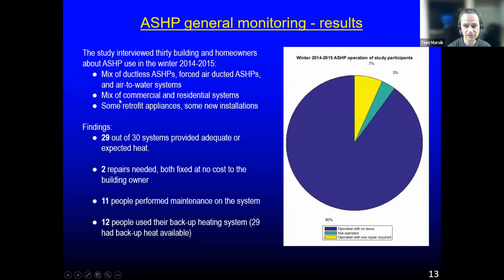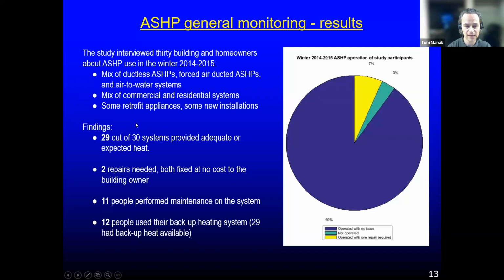And it was a mix of commercial and residential systems, and some were retrofit appliances and some were new installations. What we mean by retrofit appliances is that it's an existing building that has all the heating system installed in it, and then you decide to add a heat pump to it. So that's a retrofit situation, while new installations refers to new construction, so new buildings that you are building and are planning to install a heat pump in to begin with.